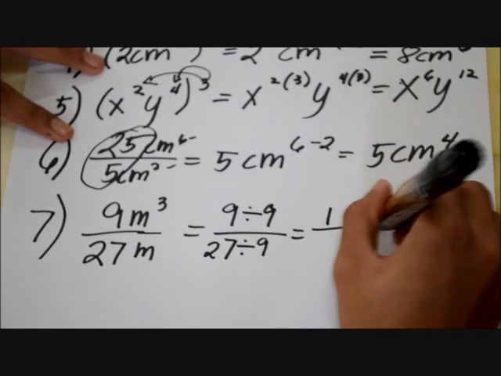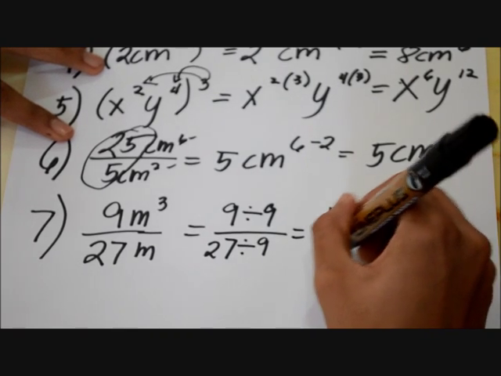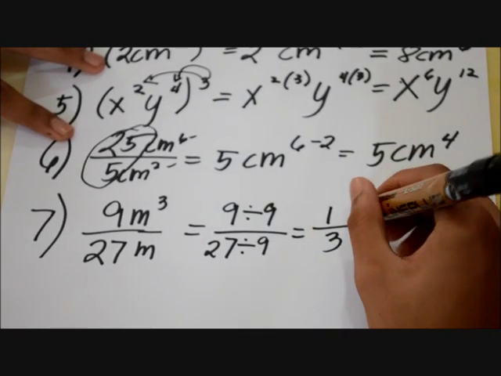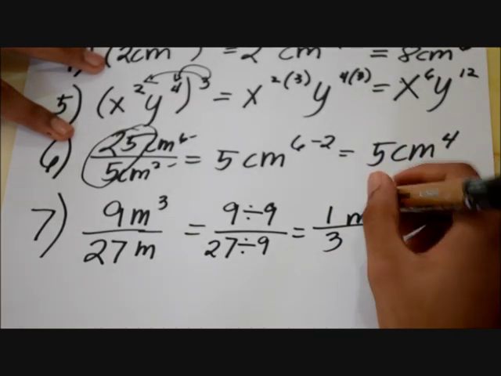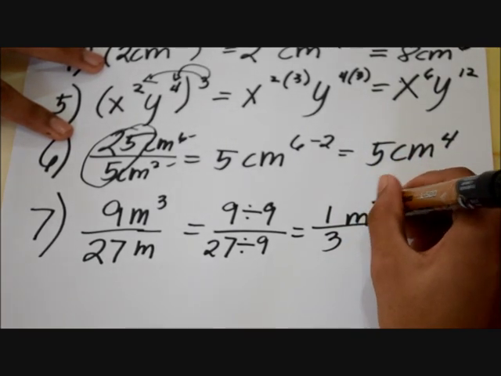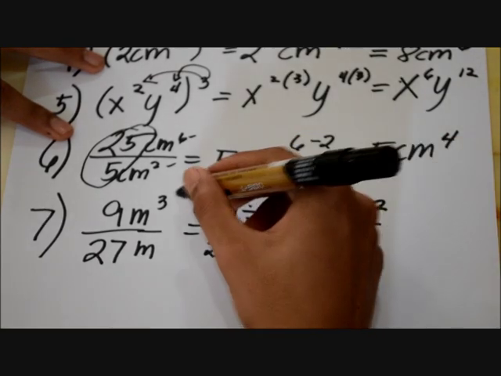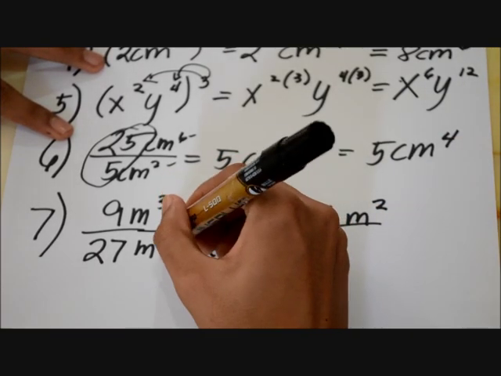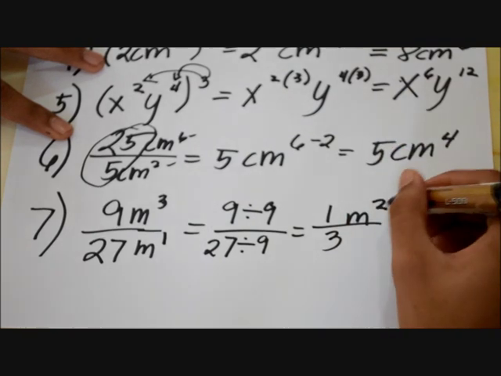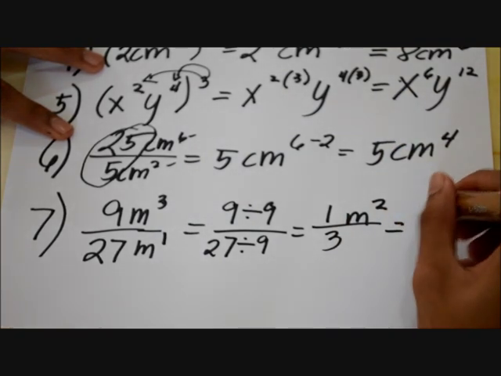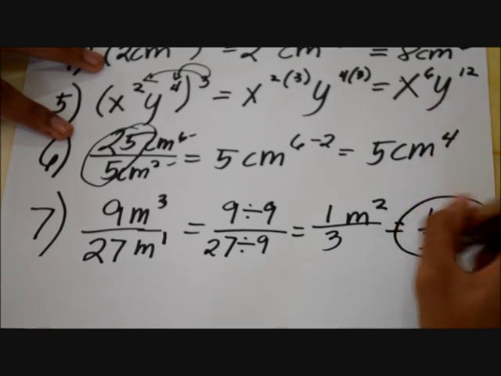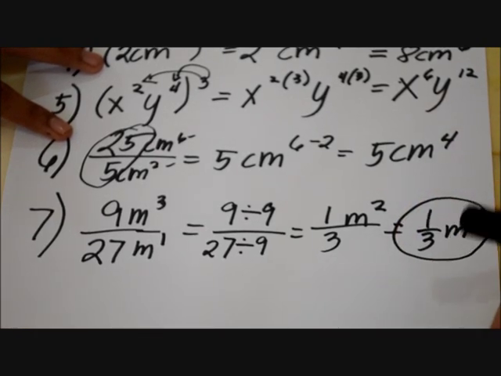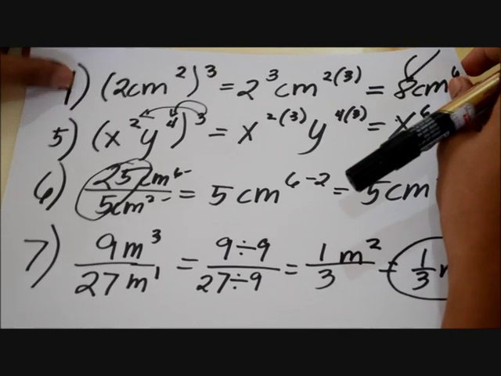Giving us 1/3. Then we are going to place meters squared beside it since we subtracted the exponents because they have the same base. Our quotient would be 1/3 meters squared.